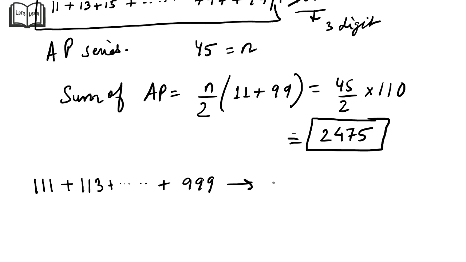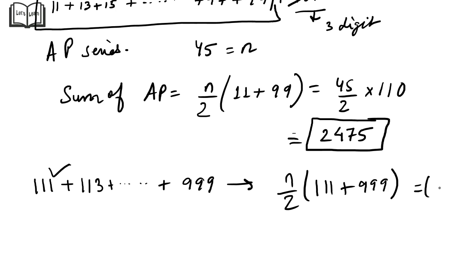So in this case also the difference is 2, and we need to find n. Now n is quite easy. From 0 to 1000 n is 500, and we need to subtract 45 and add 5, and in that case you will get a new n. Then you use the formula n by 2 times the first term, 111, plus 999, and you will get the value.